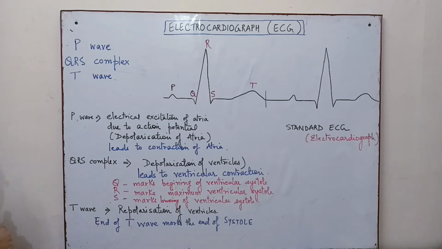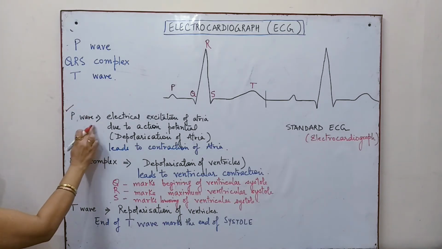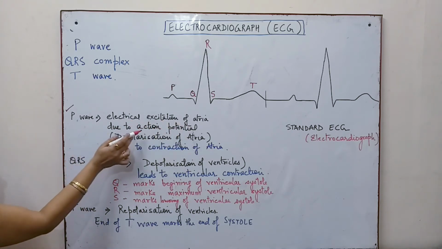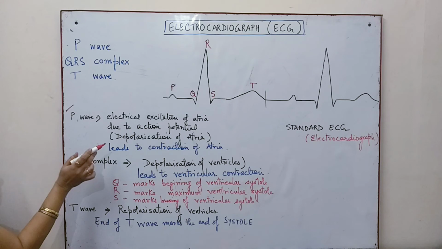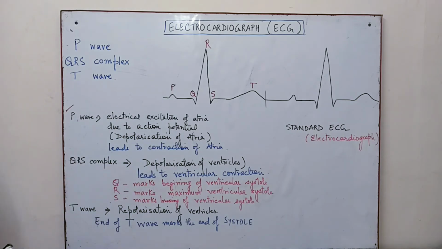Now the P wave, let us study the P wave first. The P wave shows the electrical excitation of atria due to the action potential generated by the SAN. So over here you can see in the atria there is a depolarization. Why is depolarization there?